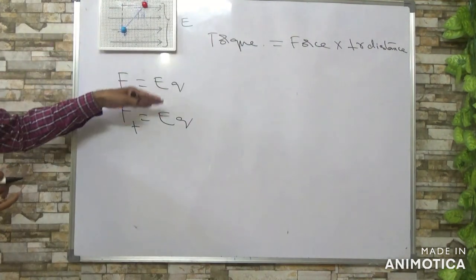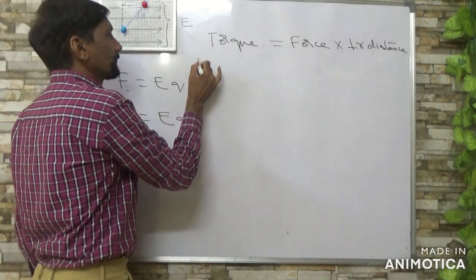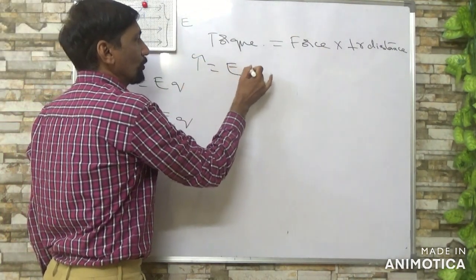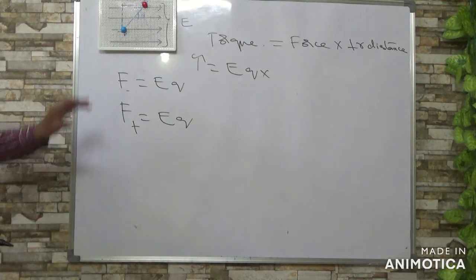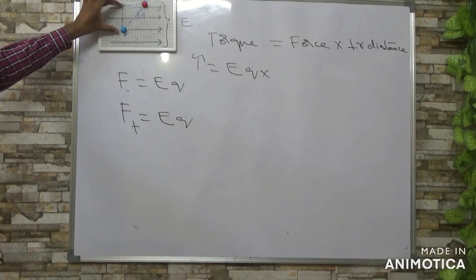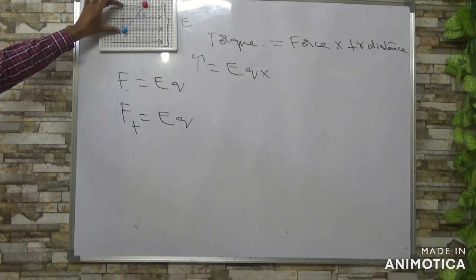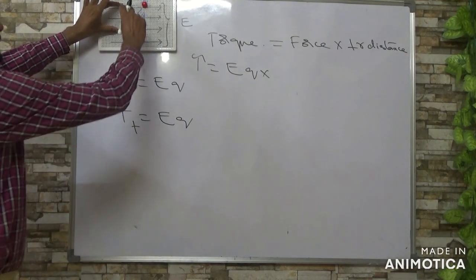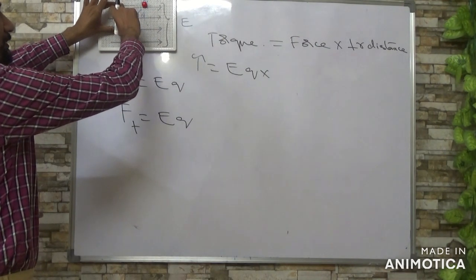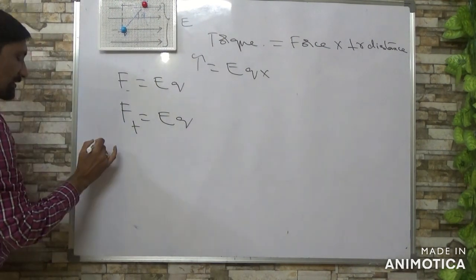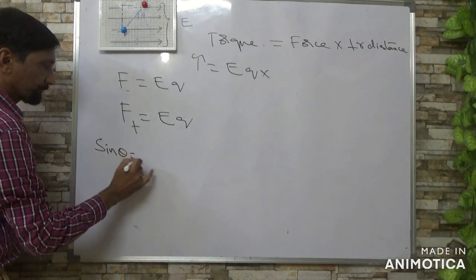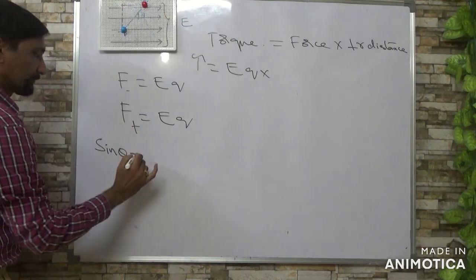So force experienced is EQ, so tau is equal to EQ into perpendicular distance. So this is perpendicular distance, right? So from here, if you are considering opposite by hypotenuse, now sine theta you can take now opposite.